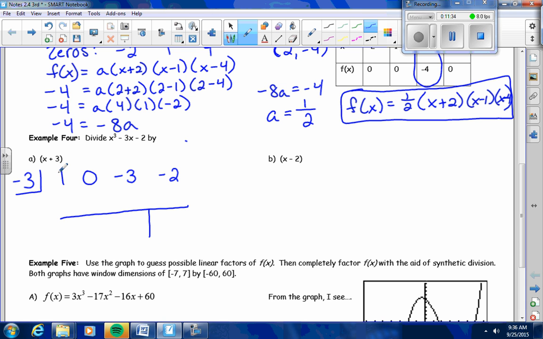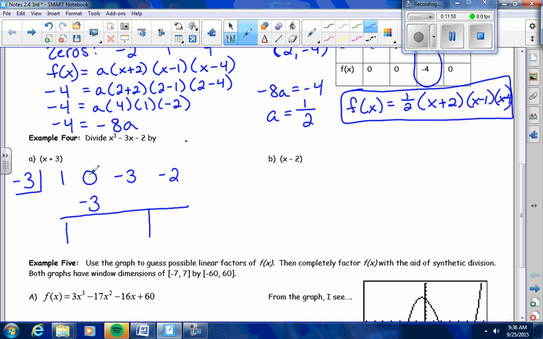Okay, so we start with the very first number, which is the 1. I bring it straight down below my horizontal line. Any number that is brought down is multiplied times the number in the box. So 1 times -3 is -3. That goes in the very next column, so that'll go underneath the 0.